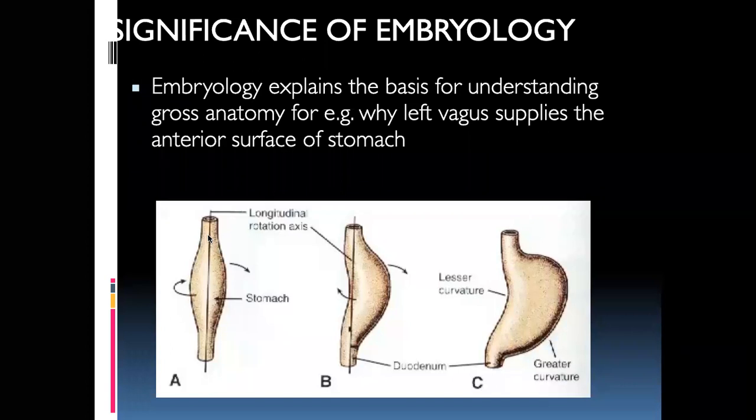Because of the rotation, the right vagus goes to the back side and supplies the posterior region of the stomach, whereas the left vagus comes forward. Initially it is on the left side, but because of the rotation it comes forward and supplies the anterior surface of the stomach.